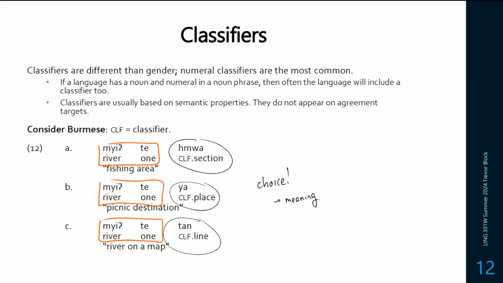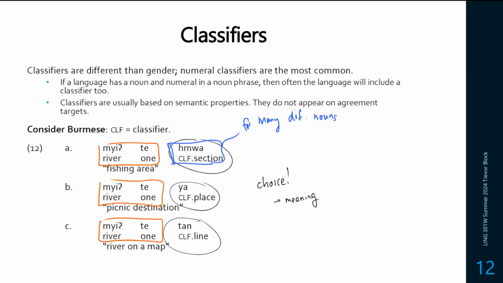And these classifiers can appear with many different nouns. It's not just that we use the one for river and the meaning has to make sense. So it's going to be a little bit odd, like with the typical example, you use the term dog and then you use the classifier for line.